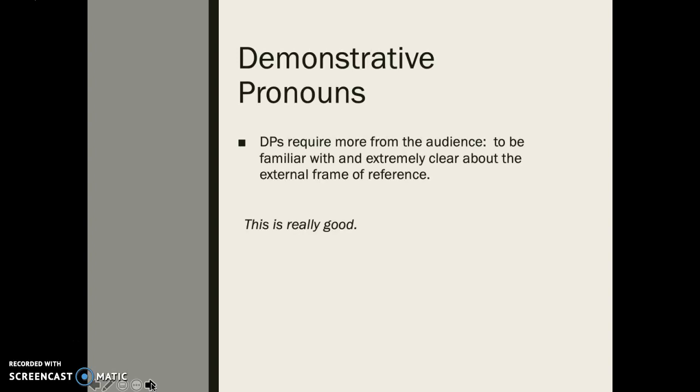So if I say, this is really good, and I'm looking at you and I'm also eating a taco at the same time, you know that I'm referring to the taco because of our shared experience. But when you're writing, you cannot guarantee the shared experience of your reader. And that's why a demonstrative adjective rather than a pronoun is often more appropriate when we're writing.